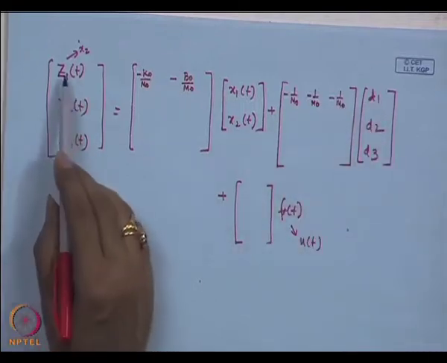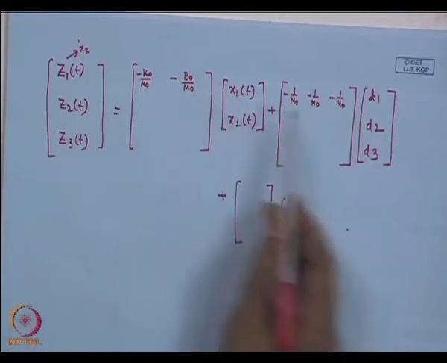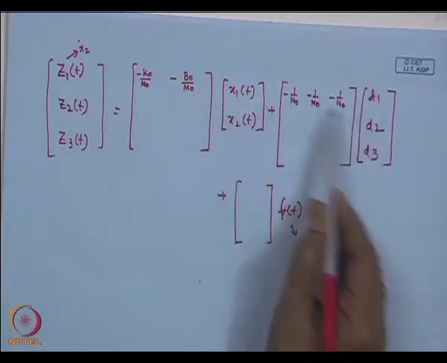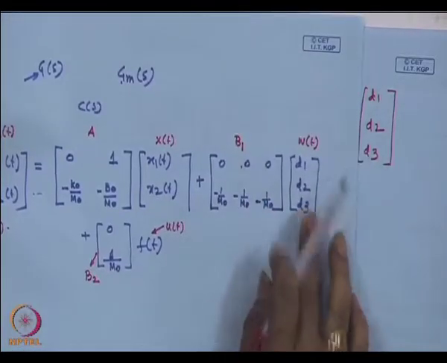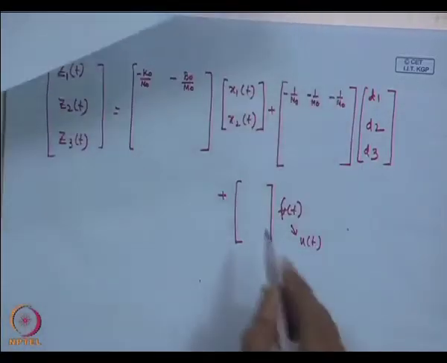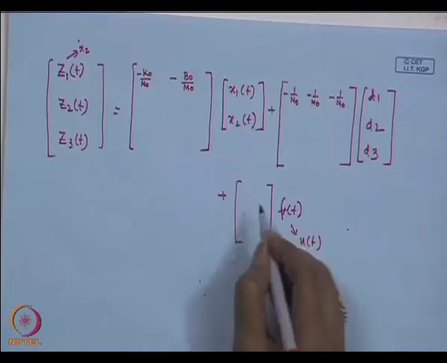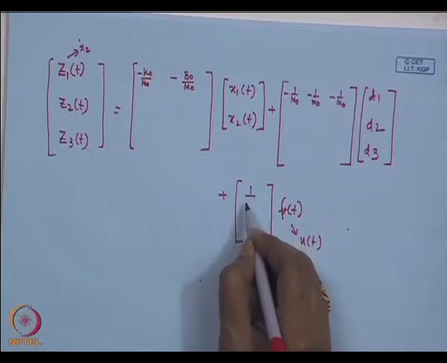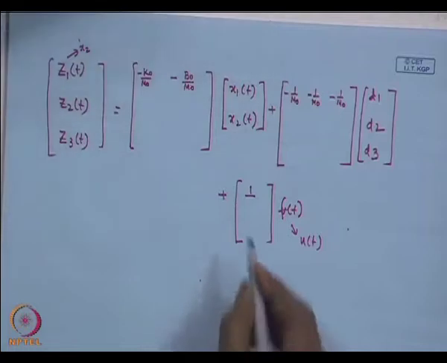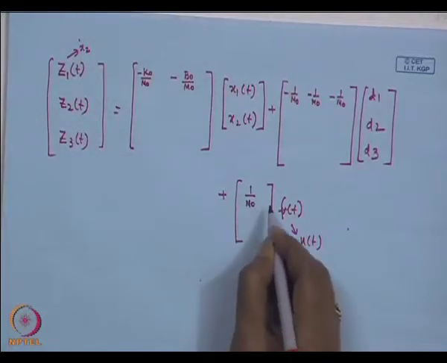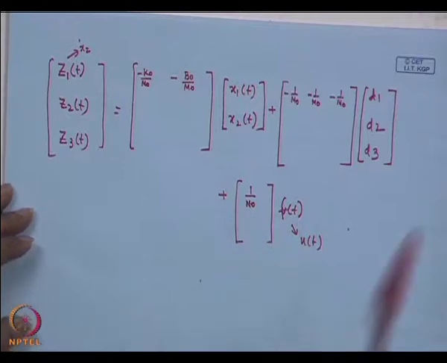So, Z 1 is x 1 into this plus x 2 into this, d 1 into this, d 2 is this and d 3 into this, what we got. Plus one term is there in Z 1, which is 1 by m 0 f of t. Agree? So, this is why I have written Z 1.